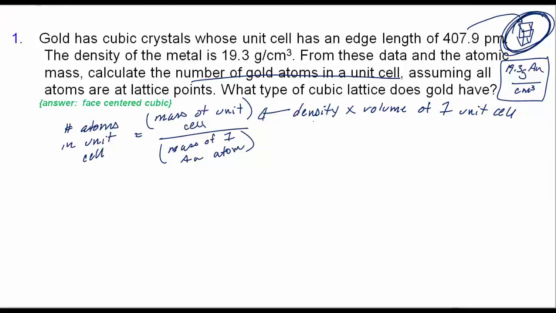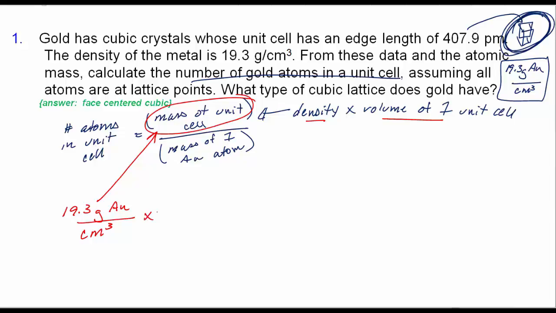Okay, let's get this top part, the mass of a unit cell: the density times the volume of 1 unit cell. So the density, they said, was 19.3 grams of gold in every cubic centimeter. Now, life is confusing here because of this picometer thing. I know that there's 100 centimeters in a meter, so we could put that in, and that might help.